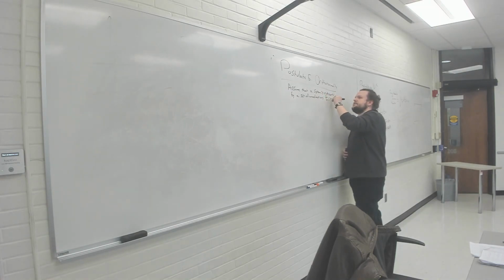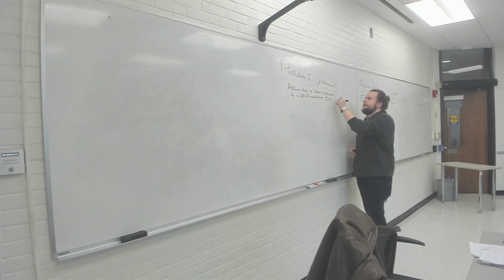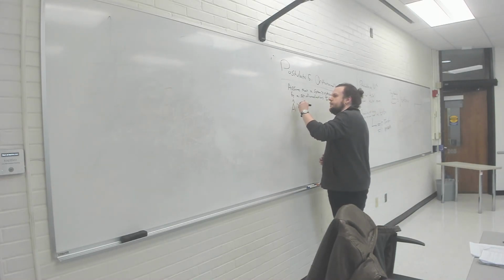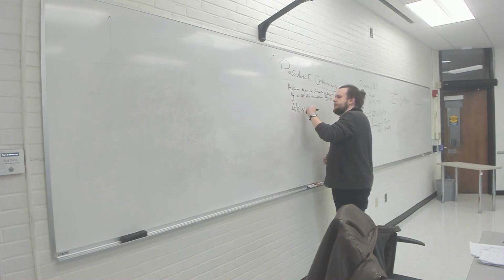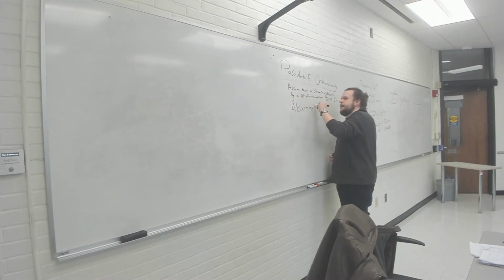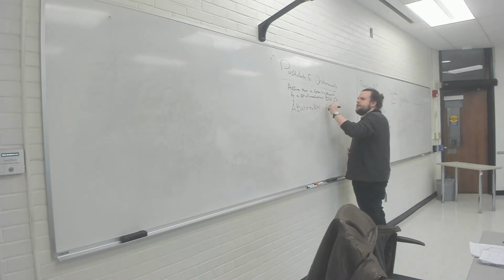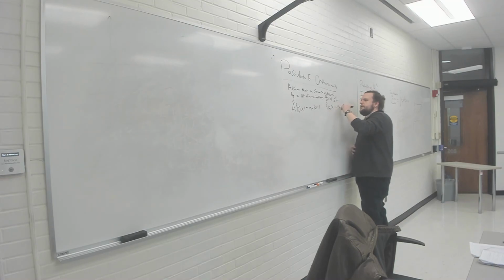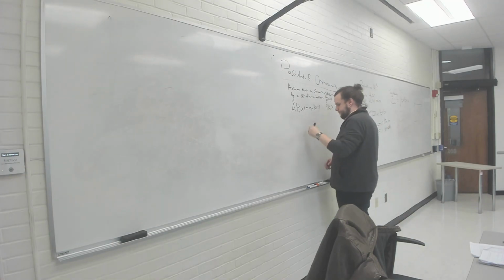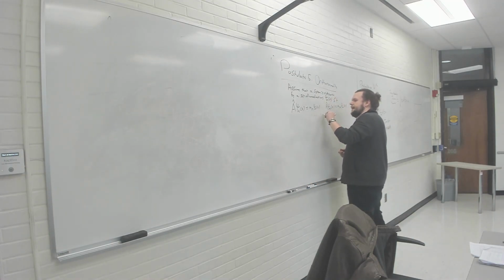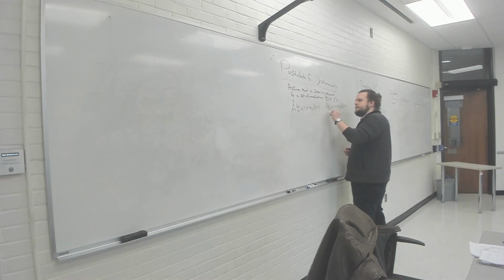psi n of x, such that when we apply an operator to psi n of x, we get some number a sub n times psi n of x. And then if we apply the same operator to a different function, psi m of x, we get a different number, where a sub n is not the same as a sub m.